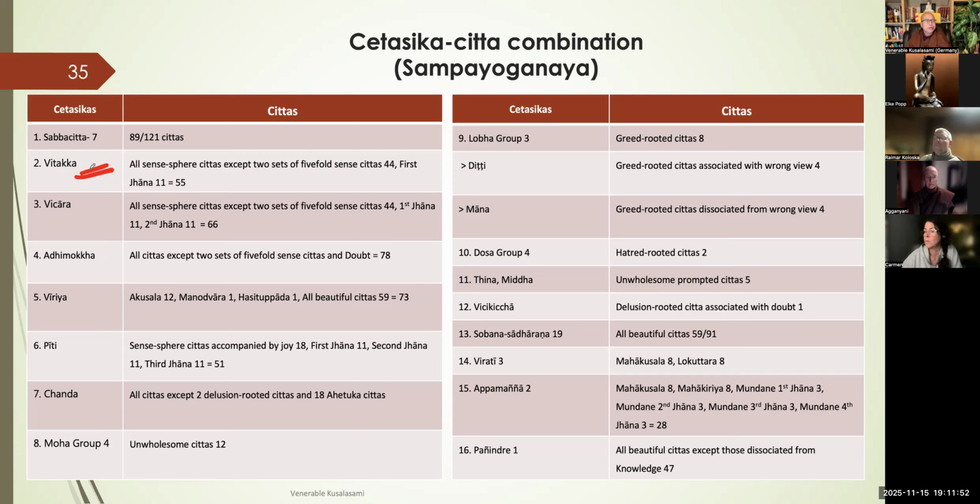As soon as you wake up in the morning and open your eyes, seeing consciousness arises without initial application; you don't need to try to see the ceiling or something. So the two sets of five-fold sense consciousness, 10, may arise without Vitaka.